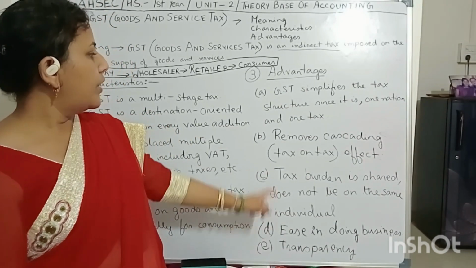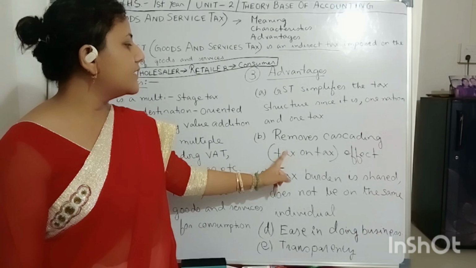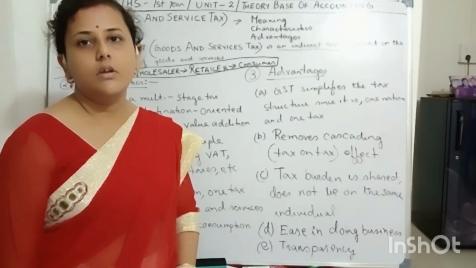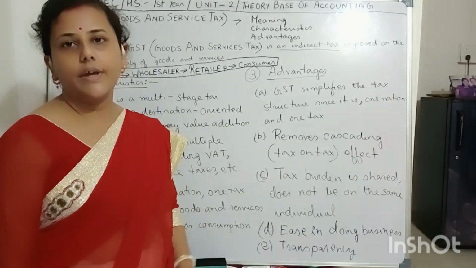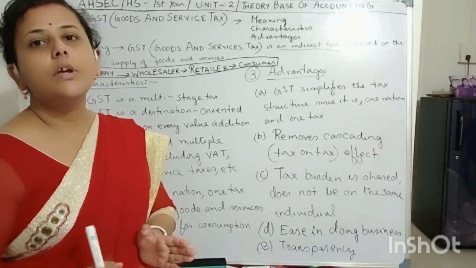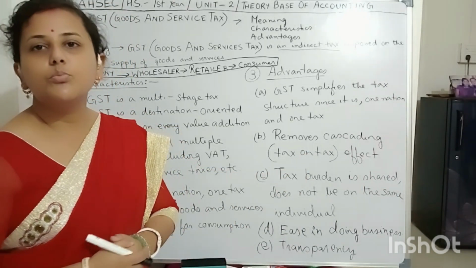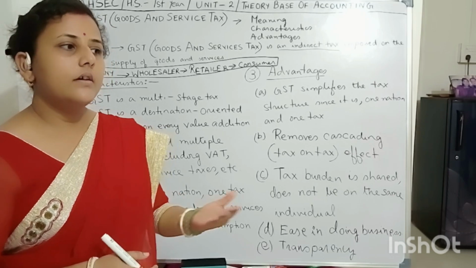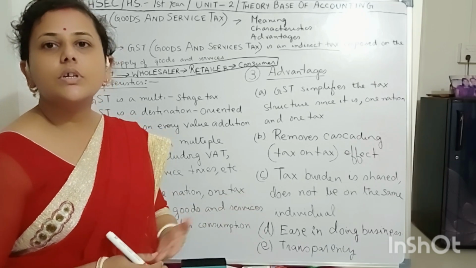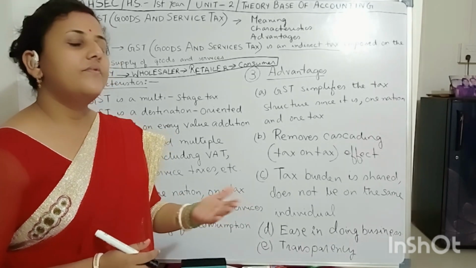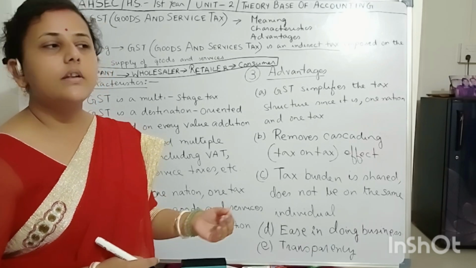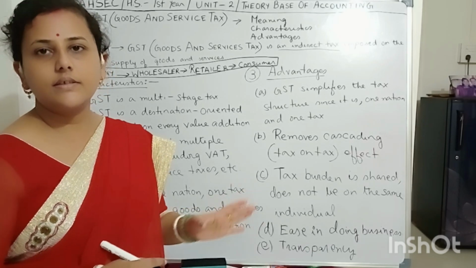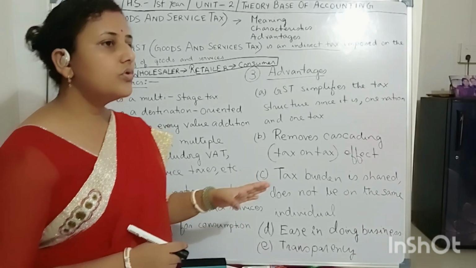Then point number 2, removes cascading, that is the tax on tax effect. So what do you mean by cascading effect? It is tax on tax. In a commodity there are a number of taxes imposed, yes or no? Like central excise duty, custom duty, then VAT, then service tax, entry tax, then entertainment tax, many taxes.